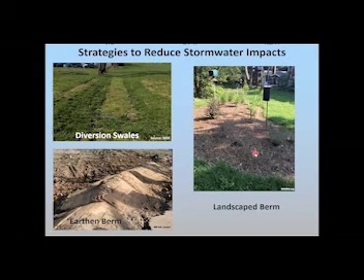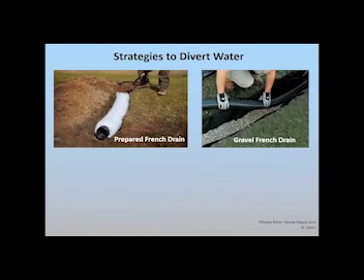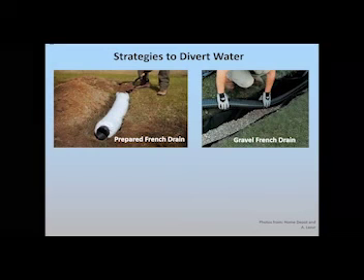And here's an example of a landscaped berm to prevent water from coming in this direction and going down the hill. So it reduces the amount of stormwater runoff towards this area of the yard. So again, a couple of strategies that can be used. Then you can actually divert water by what's called a French drain. And there's lots of ways to do this using gravel.